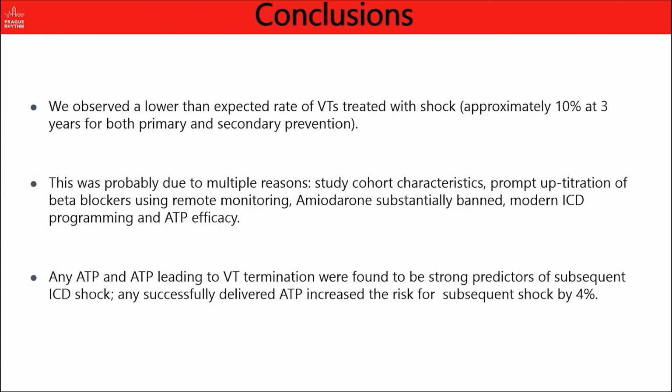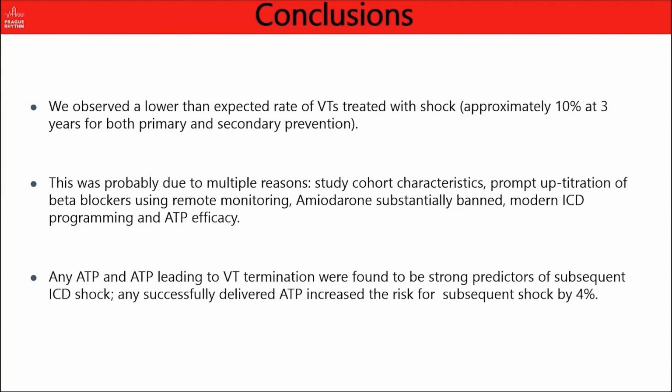Among the relevant observations stemming from the study, we also observed a lower than expected rate of VT treated with shock. Now in the years 2020, it is approximately 10% at 3 years in both primary and secondary prevention, much lower than historical data stemming from studies published in the years 2000.